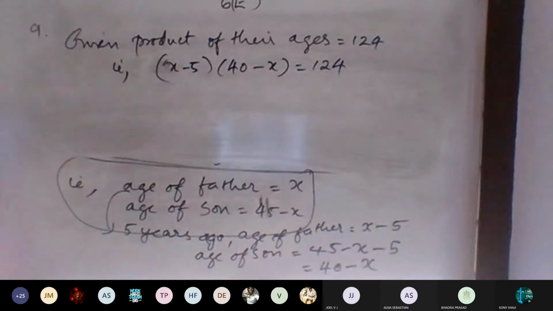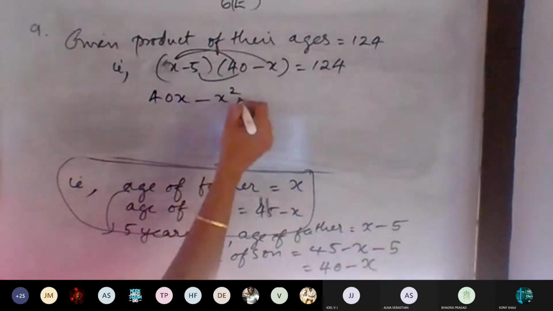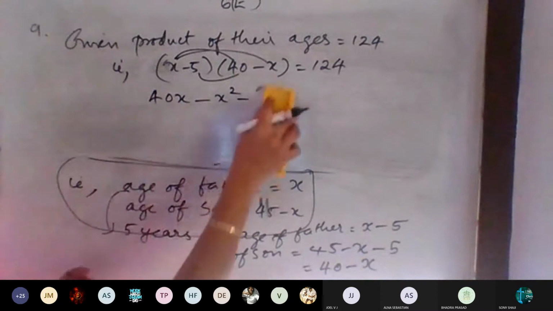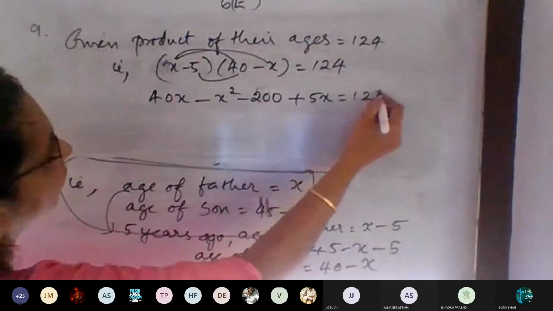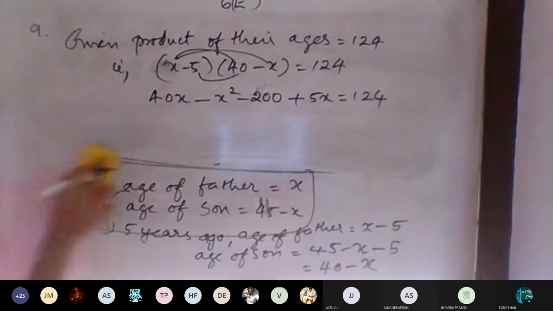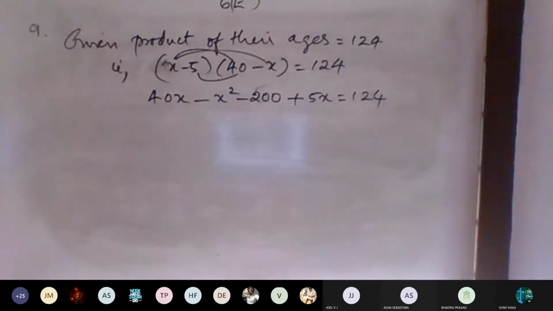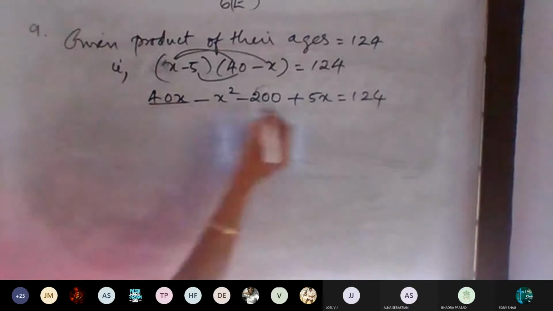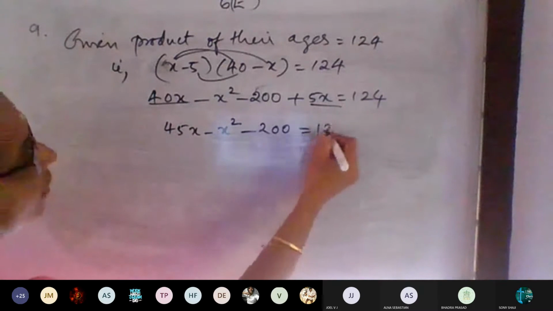Then change the brackets. 45x minus x square minus 200 is equal to 124.